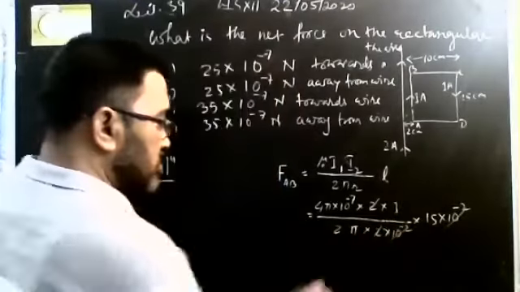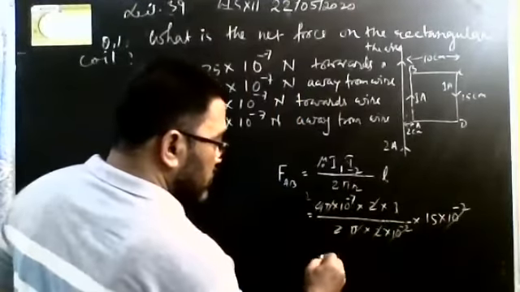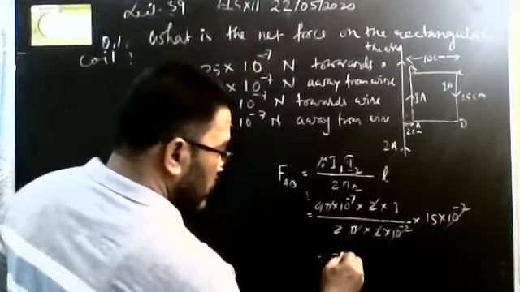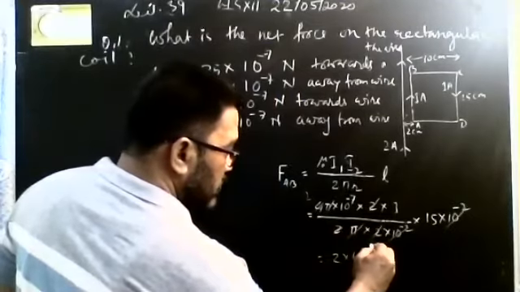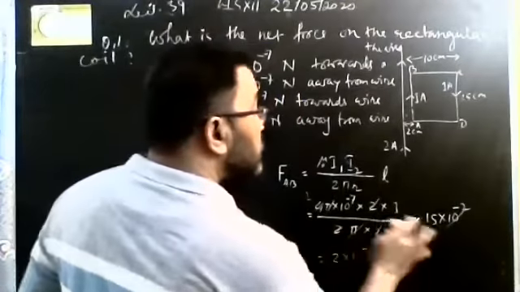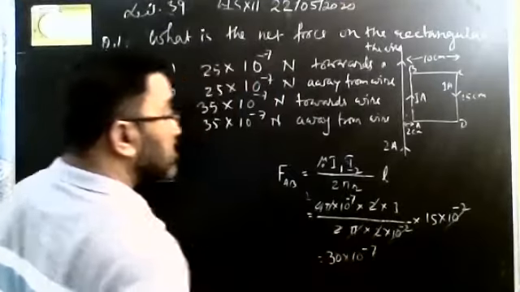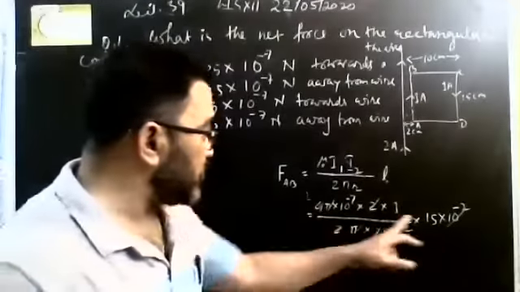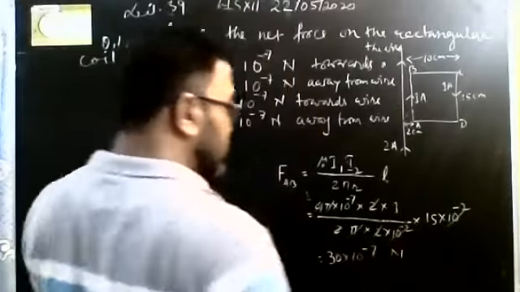The minus 2 will cancel, pi will cancel, so 2 into 10 to the power minus 7, 2 into 15, that is 30. 30 into 10 to the power minus 7 Newton, right?